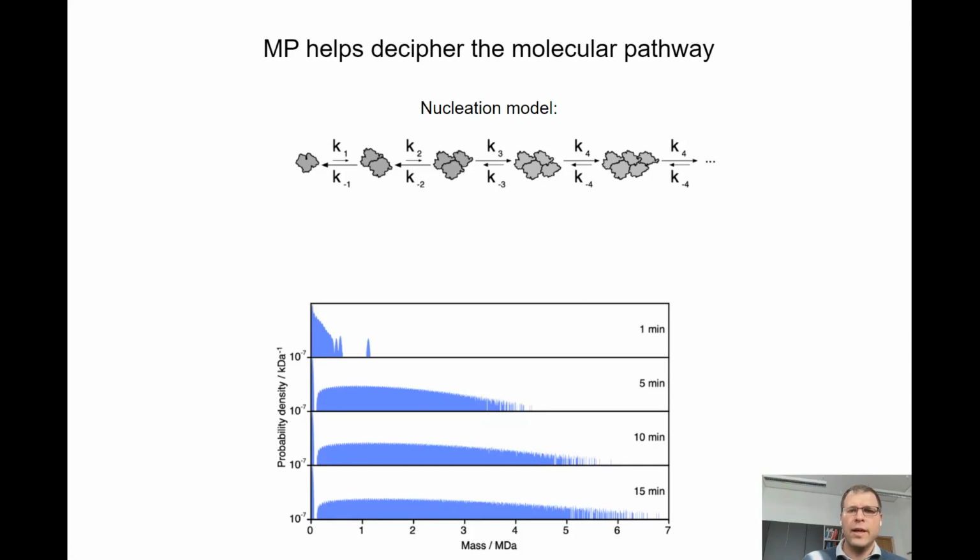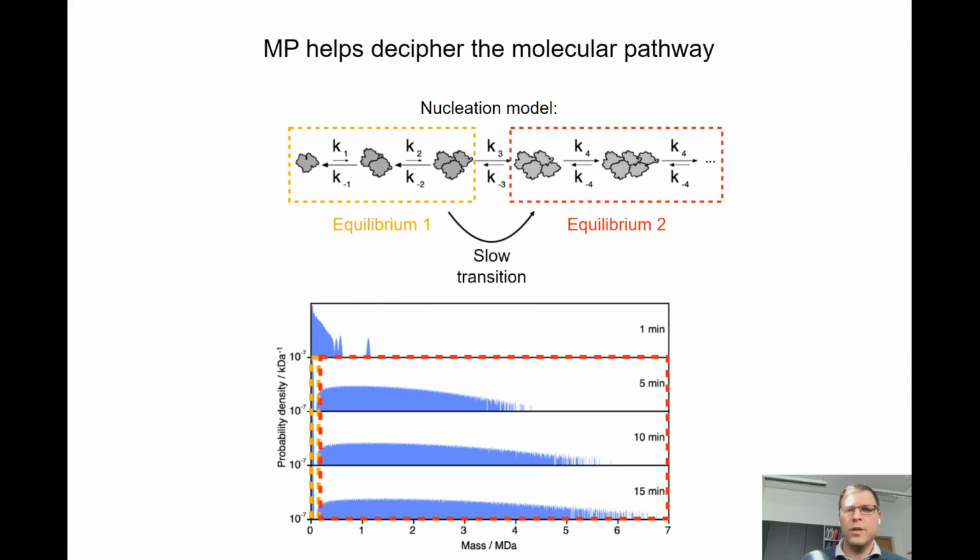For the nucleation model, you have one equilibrium with a less favorable polymerization, which is described by a steeper decay at the beginning of the size distribution, and then a slow transition to a second equilibrium with much more favorable growth rates, which can be explained by the other slope of the size distribution.